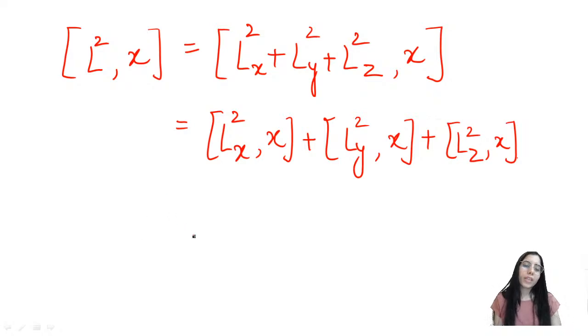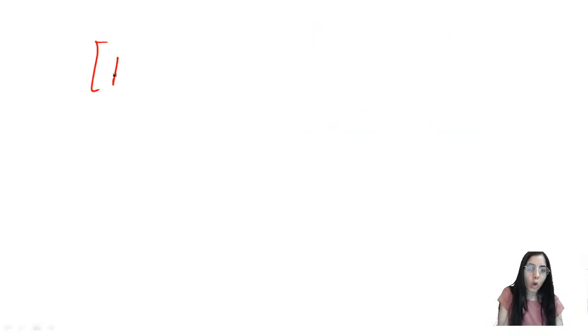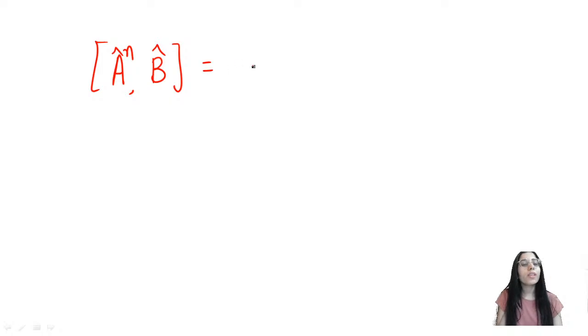So guys, finally we are going to get it equal to 0. But how? There is a property of commutator bracket that if we have an operator with a power present here, and the other operator present like this, we can simply write it as n a to the power n minus 1 and the commutator bracket of a with b.